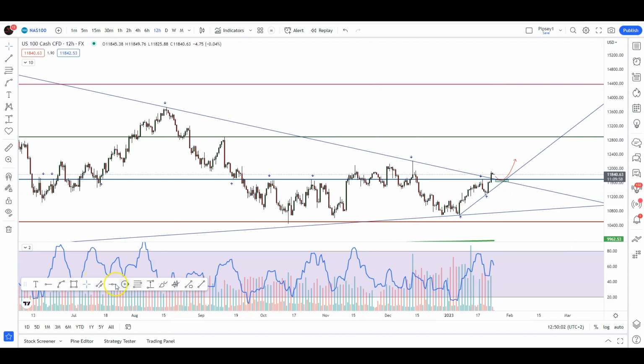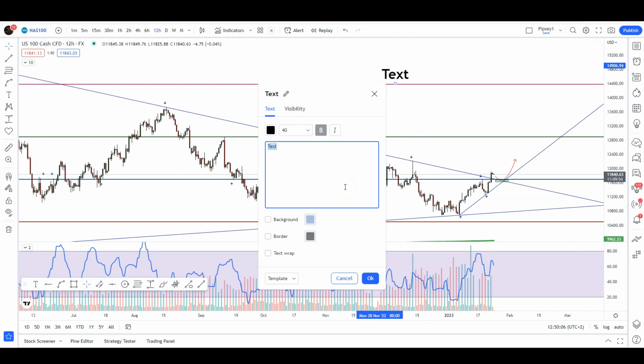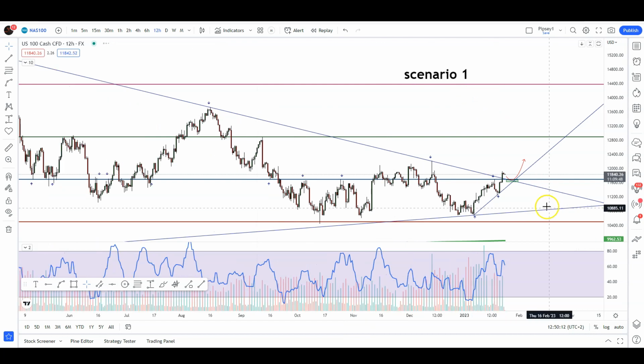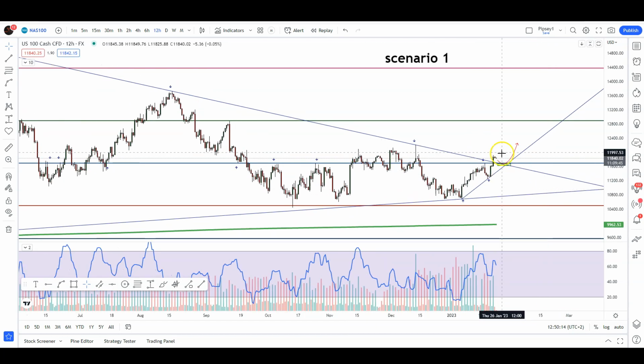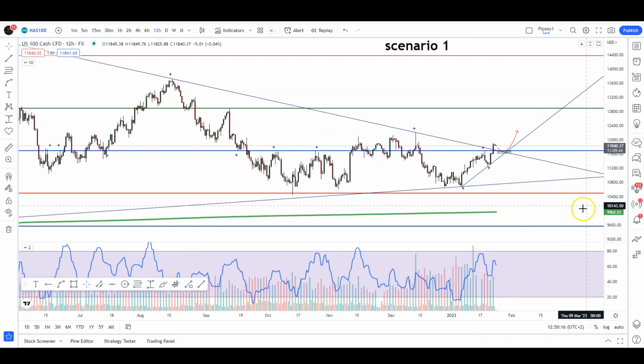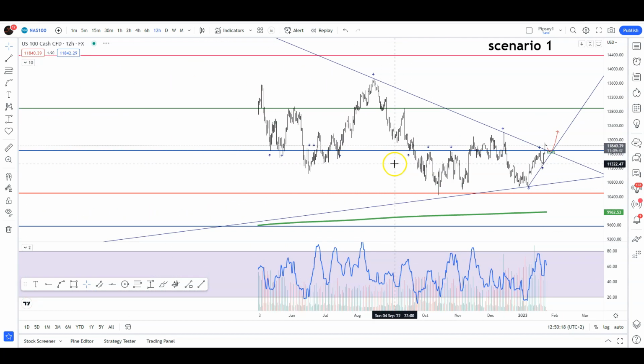So let me say it like this rather. We've now listed those confluences in this area. Let's see what further confluences we can get.